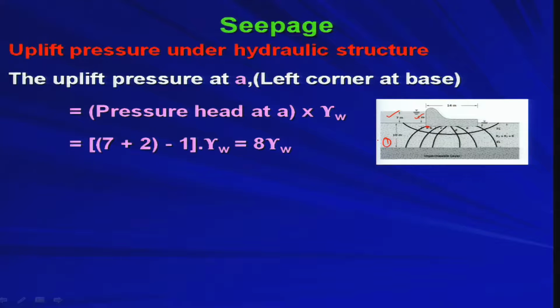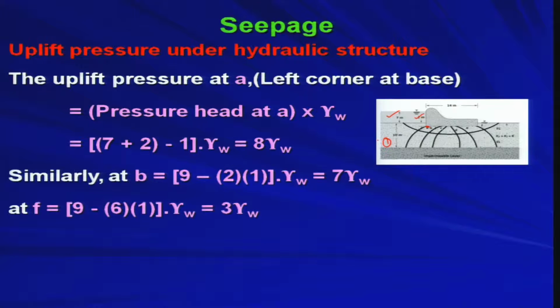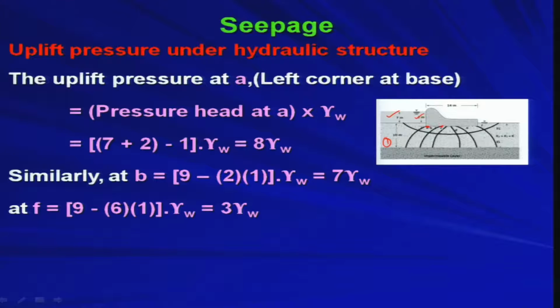Similarly, you can calculate for other points, say at B. If you see, this is my point B. Now, at B what will be the uplift pressure? What is the head at B? The depth of point B is 7 plus 2, 9, the same, because A, B, C, D all lie along the base of the hydraulic structure, so their depth is the same.